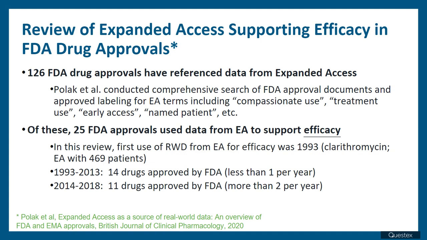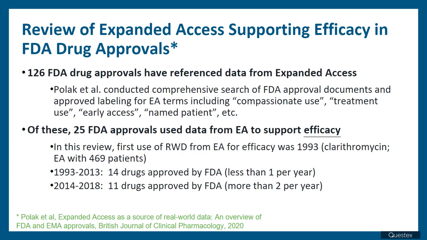And just generally looking at the numbers from 1993 to 2013, so over a 20-ish year period, based on this review, there were 14 drugs approved by FDA using data from expanded access for efficacy. But then over the 4 to 5 year period from 2014 to 2018, 11 drugs were approved by FDA.